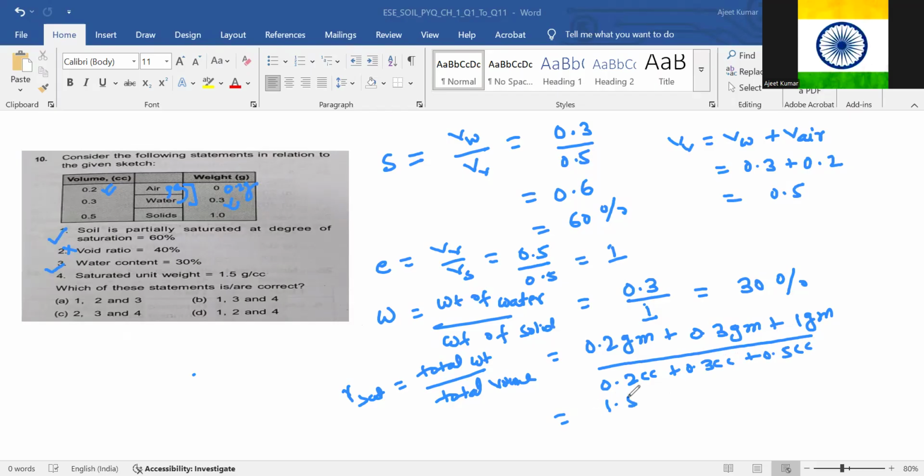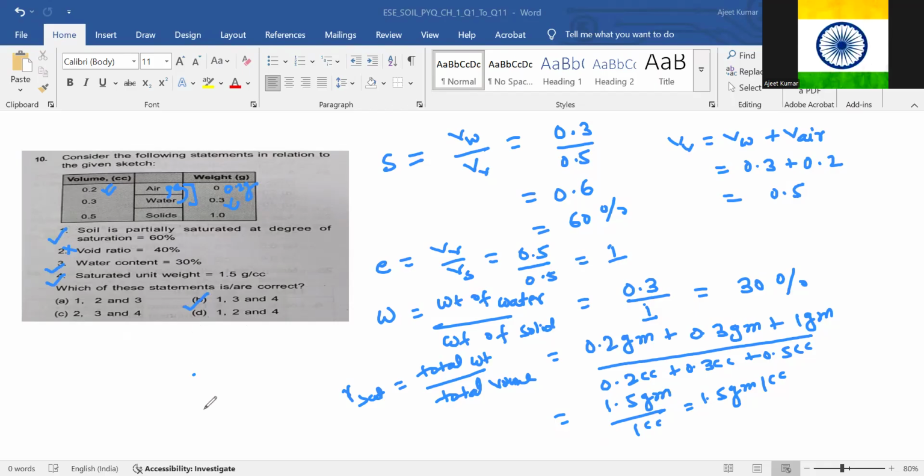So this is 1.5 gram divided by 1 cc. This is 1.5 gram per cc. So this is the correct statement. So the answer will be 1, 3 and 4. Answer will be B.